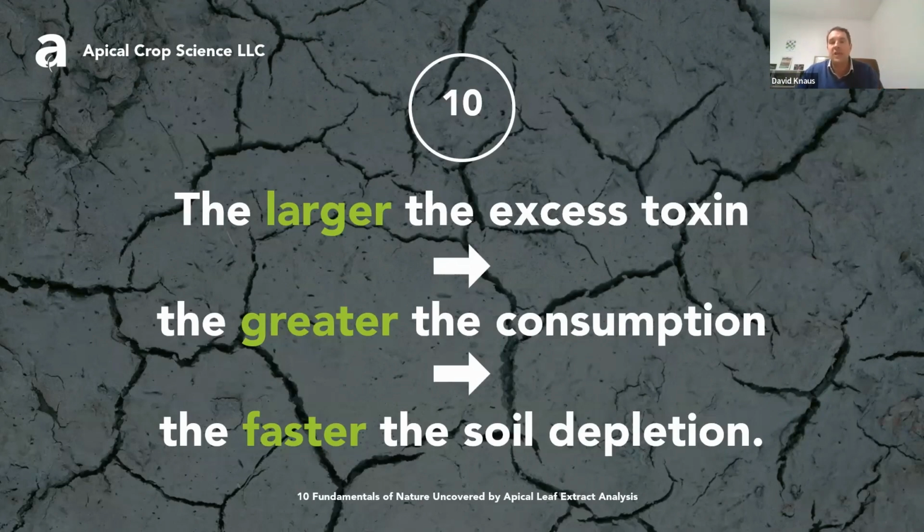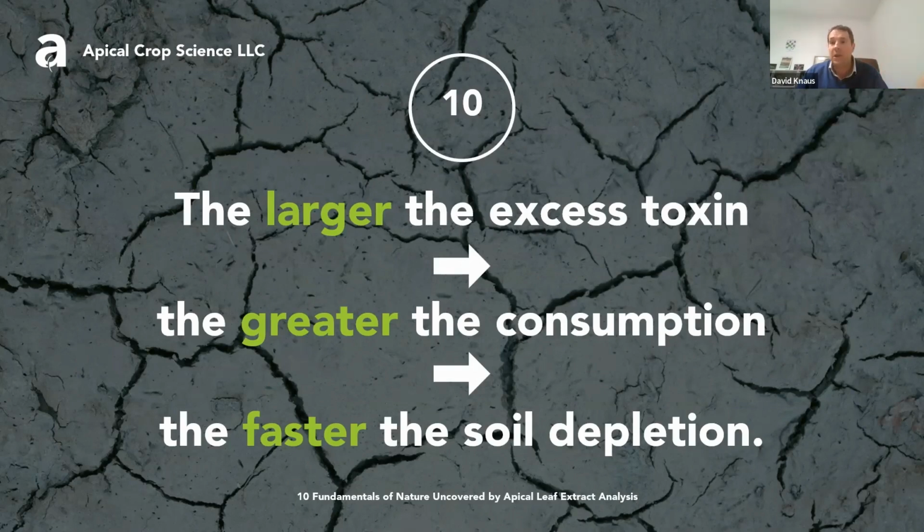Right? So now we understand that when these soils are being depleted in different regions, they're not being depleted from some magical process that's happened. Okay, yeah, there are things that certainly do happen with soil depletion related to chemical spills or other things like that.